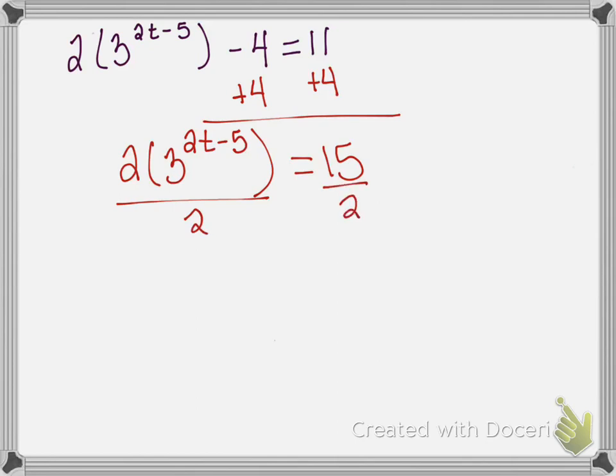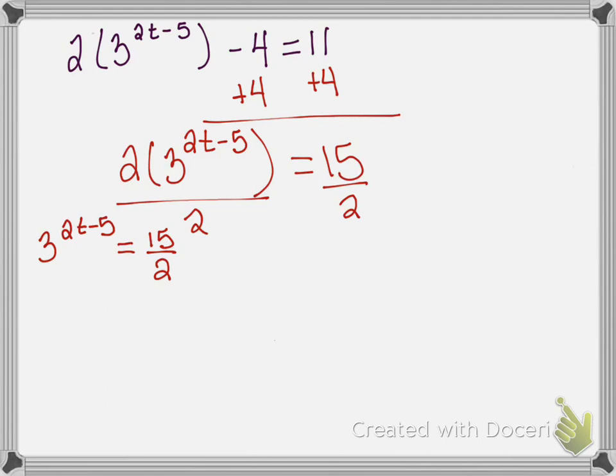Okay. I need to write way smaller. So I have 3 raised to the 2t minus 5, that is equal to 15 over 2. Now, I can't rewrite 15 over 2 in terms of 3. 3 to no power is going to give me 15 over 2.